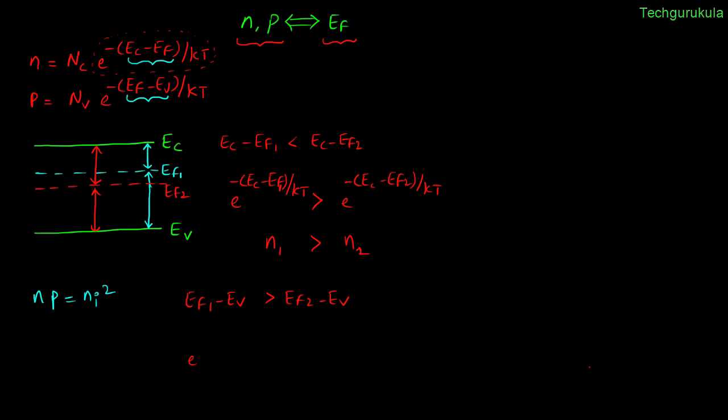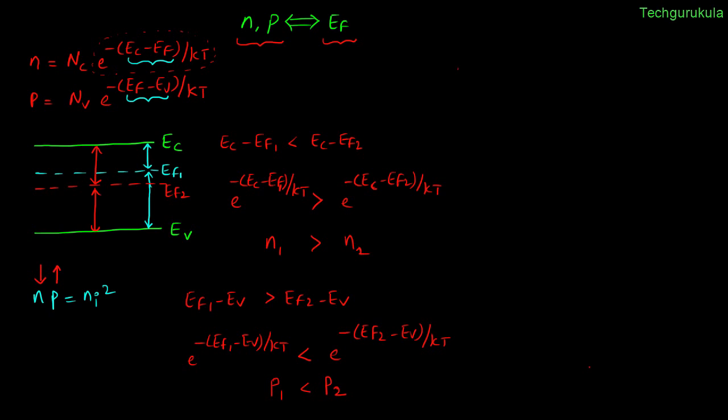Similarly, we can say e power minus of (EF1 minus Ev) over kT relative to e power minus of (EF2 minus Ev) over kT would be this way, where in the second case the hole concentration would be higher because the distance between EF2 and Ev is smaller compared to EF1 and Ev. This clearly indicates that as we move the Fermi energy level from EF1 to EF2, the electron concentration is decreasing.